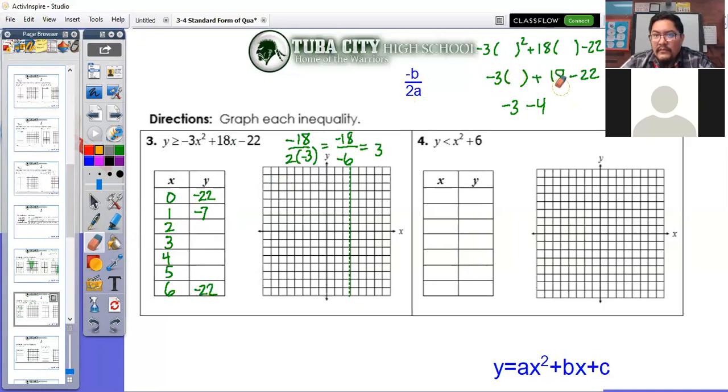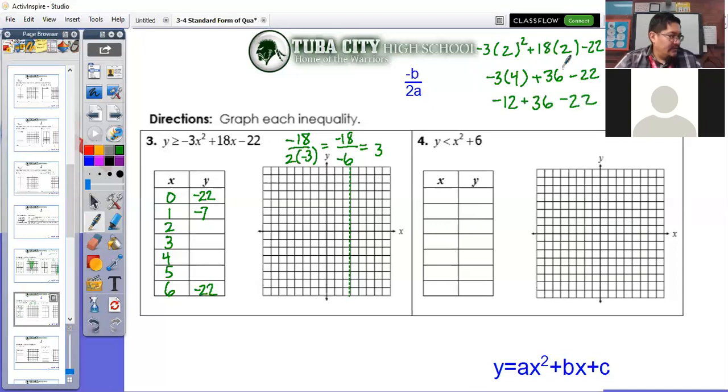I think I can get away with just erasing what's going to change, which in this case, I'm going to drop it in here and in here. 2 squared is 4. 18 times 2 is 36. Negative 12 plus 36 minus 22.